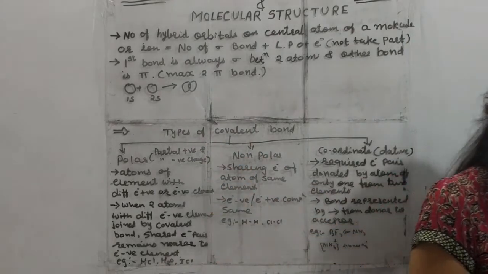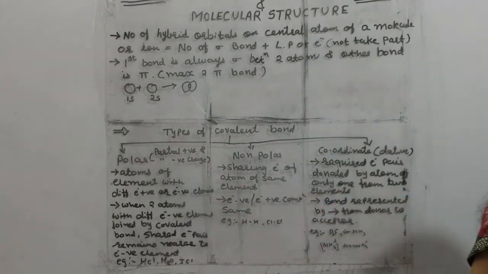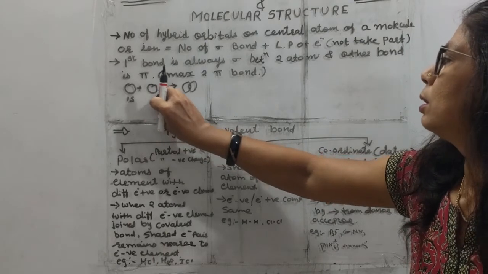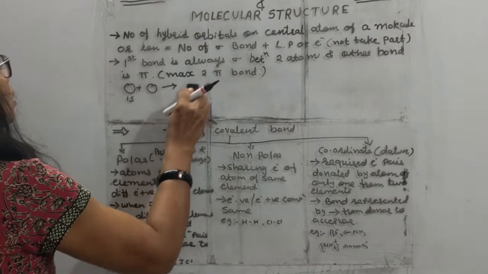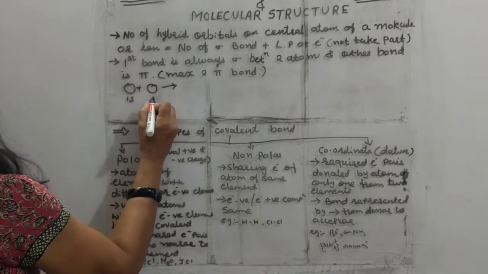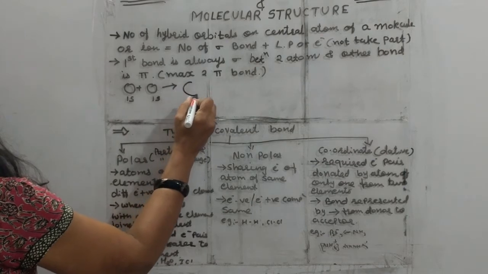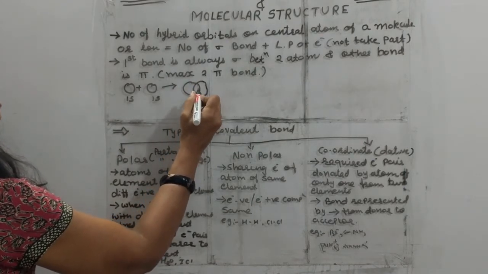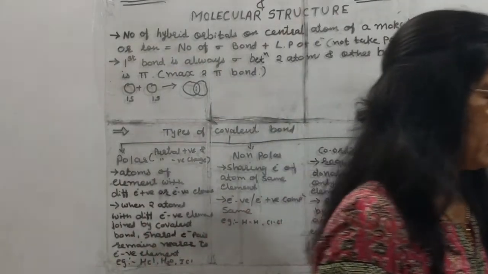Or we can take 1s only: one electron from 1s and another electron from 1s. This is known as s-s overlapping, students.